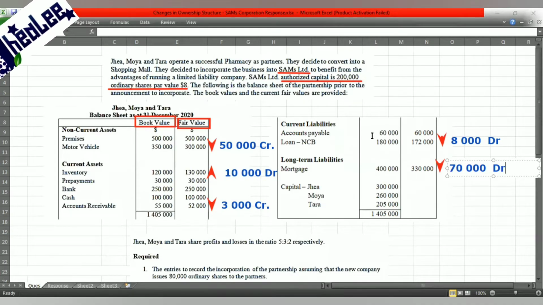In your general journal, remember, you list your debit items first, and then your credit items are indented and listed after. Debit first, then credit. So we're going to go over to our response and look at the general journal entries.